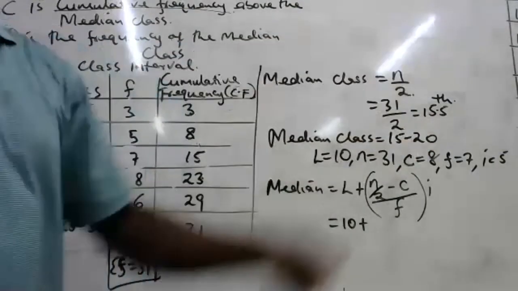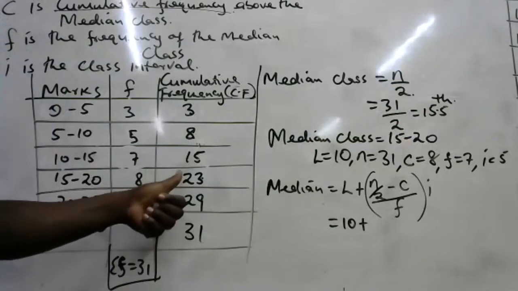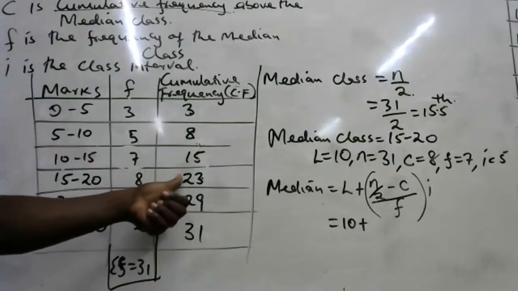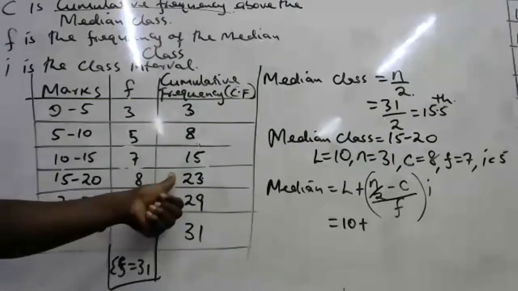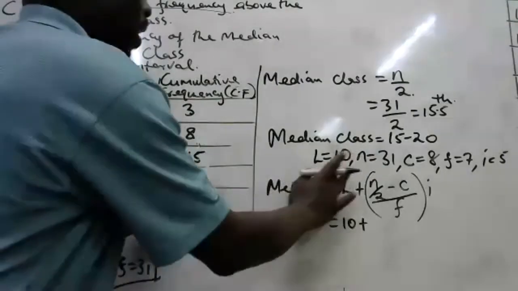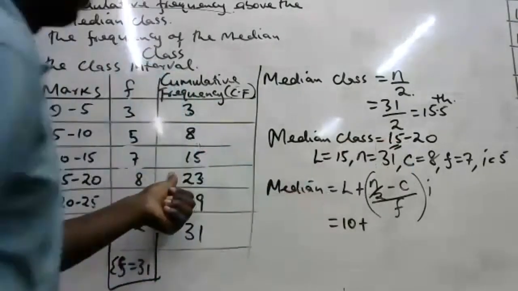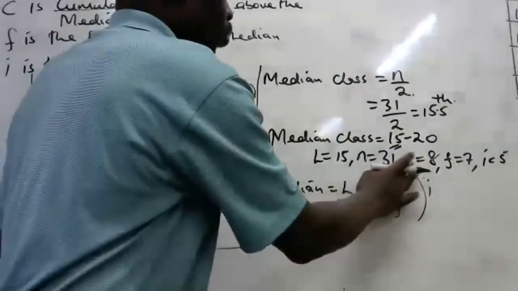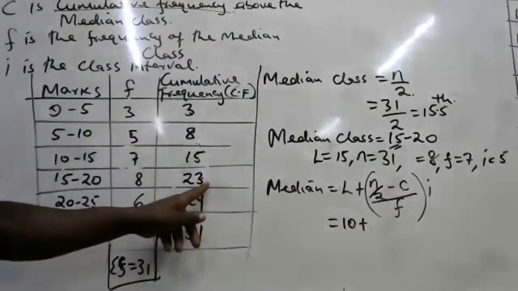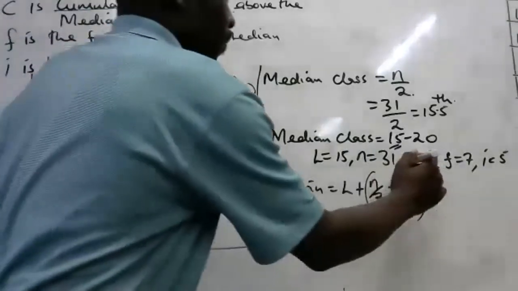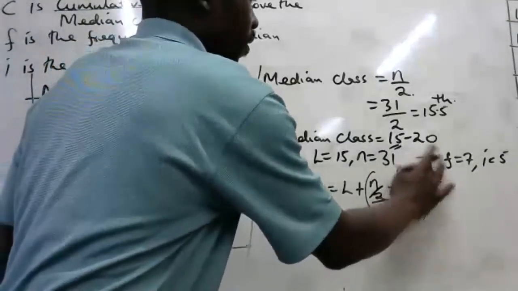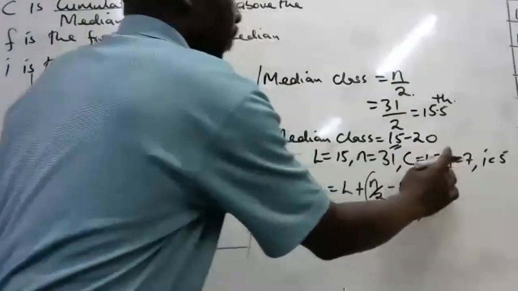We take a slightly higher figure, so we shall use 23. If that is the case, our L will not be 10, our L now will be 15. Our C will also change. The one that is now above is 15. C will be equal to 15.